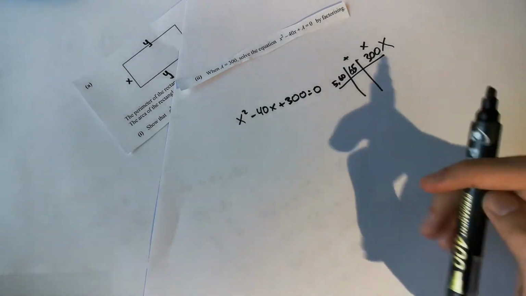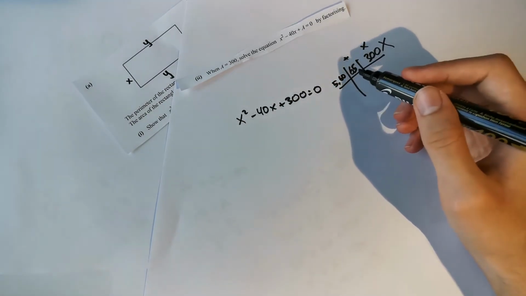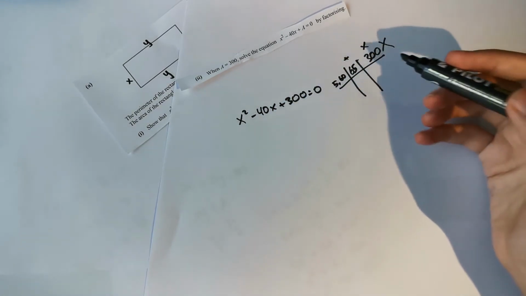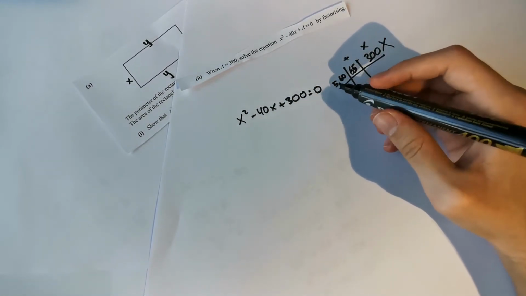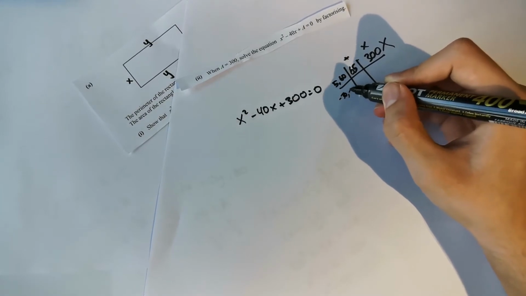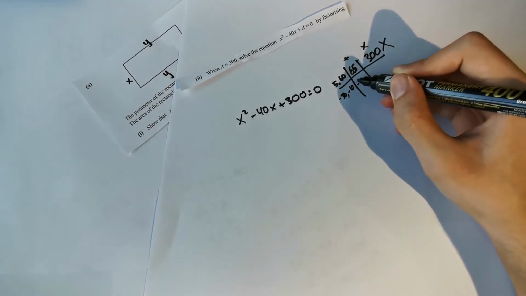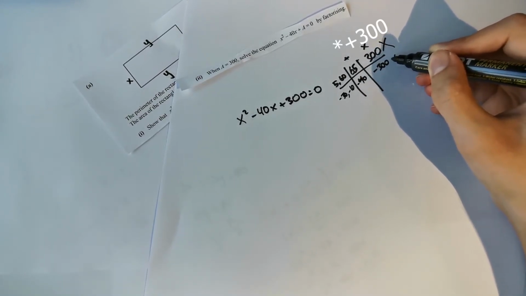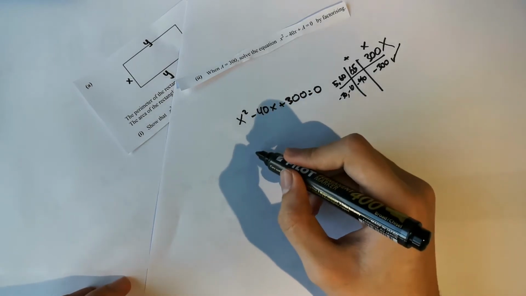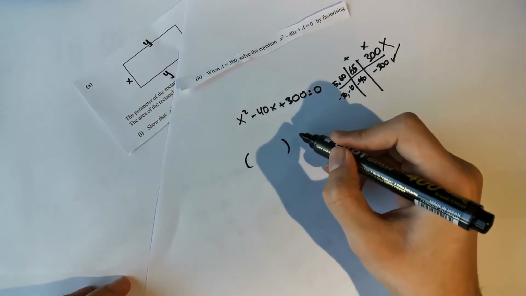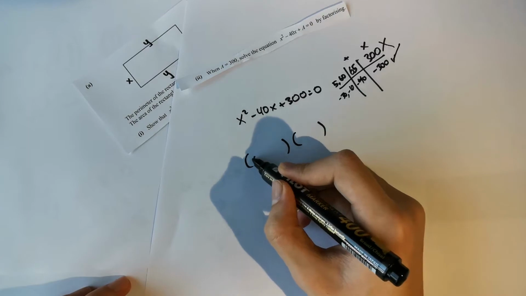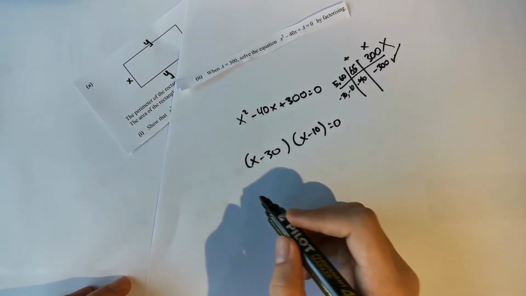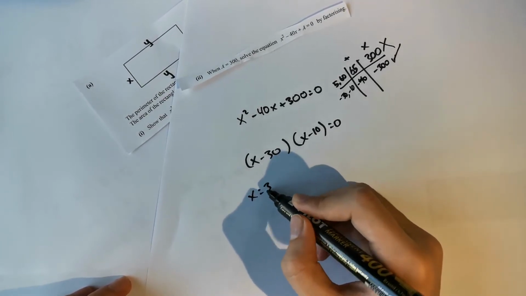Here we can use 30 and 10 to get 300, and if we use negative 30 and negative 10, we can get the sum as negative 40. So negative 30 and negative 10, the sum is negative 40, and when you multiply them you get positive 300. So these are the two numbers. So of course we construct the two brackets here, and this is (x minus 30)(x minus 10) equal to 0. Of course x is equal to 30 and x is equal to 10.